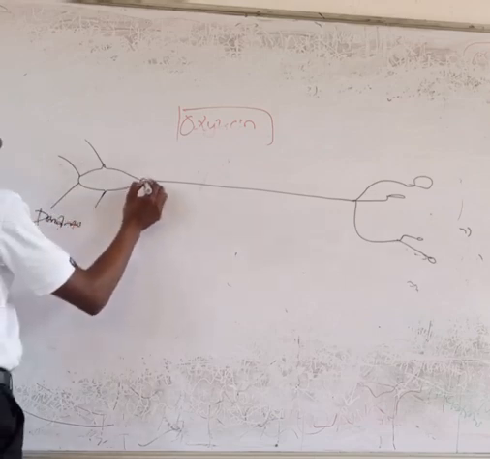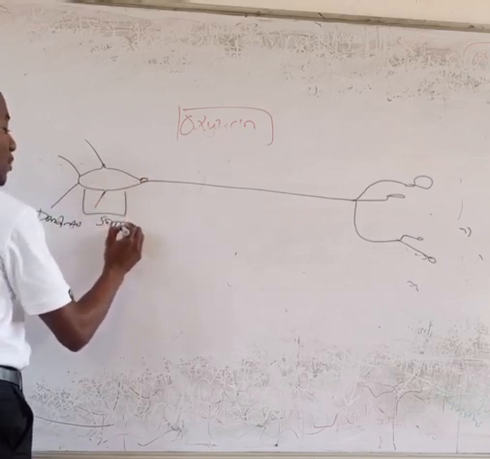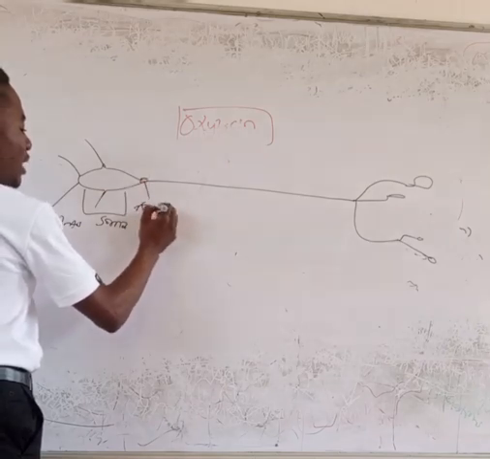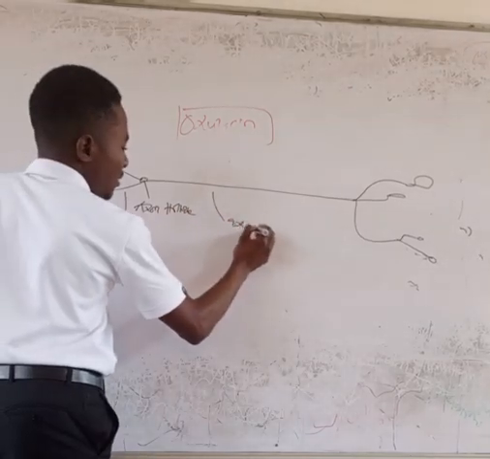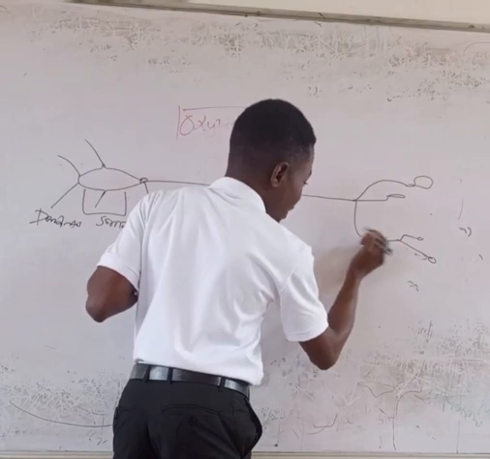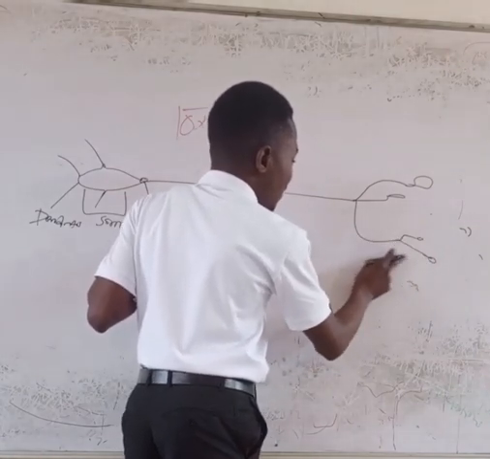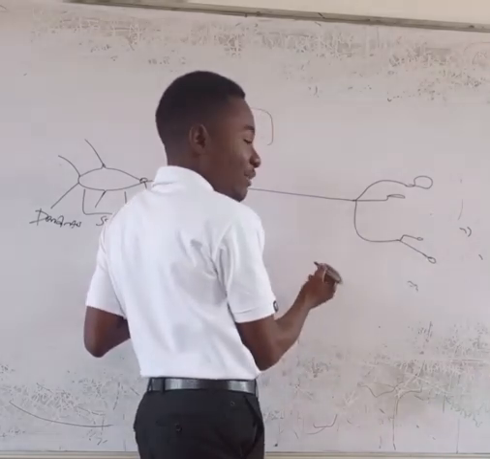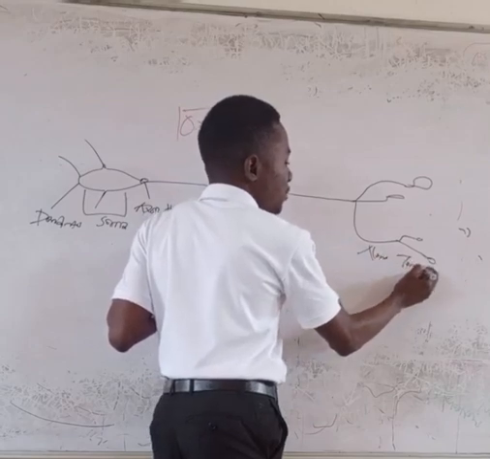Then you have the soma, which is the cell body, and then you have the axon hillock, and then you have the axon, then you have the synaptic terminal, or you can just call it the nerve terminal, or the nerve endings.